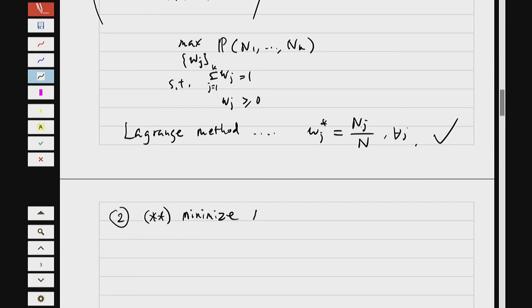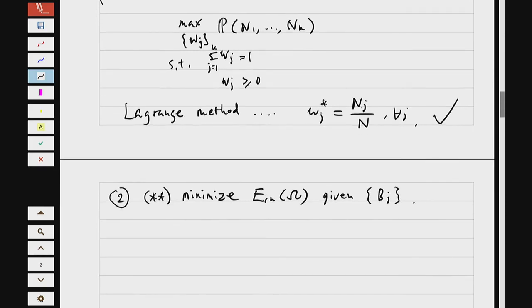Remember our in-sample error that we discussed last time? It's just the log loss function of observing D. We minimize this one given the bump membership, which is exactly what we need to do in subproblem 1.